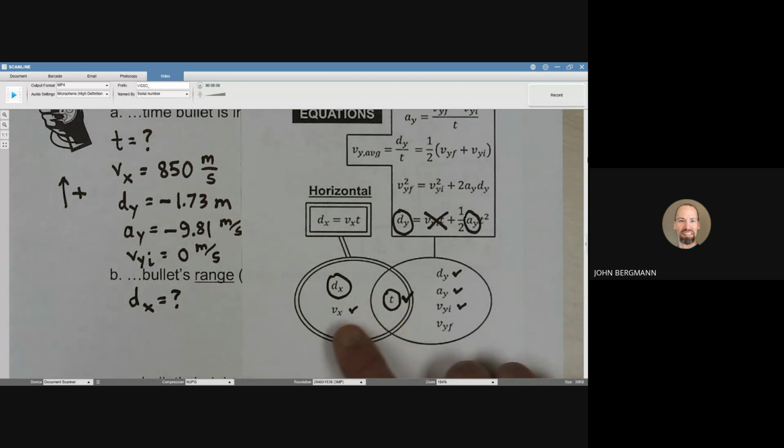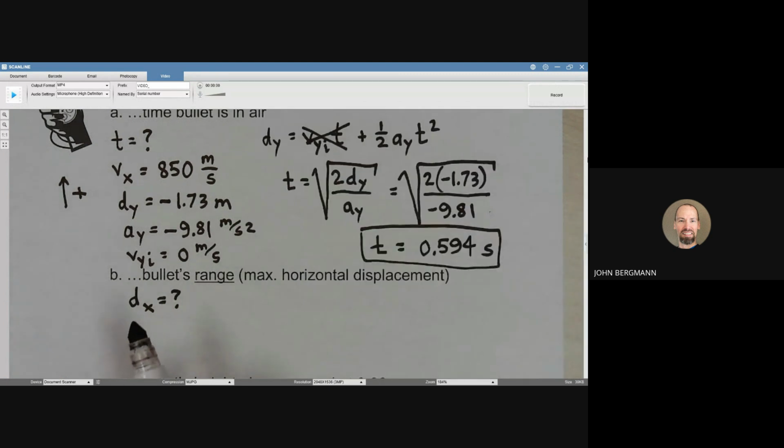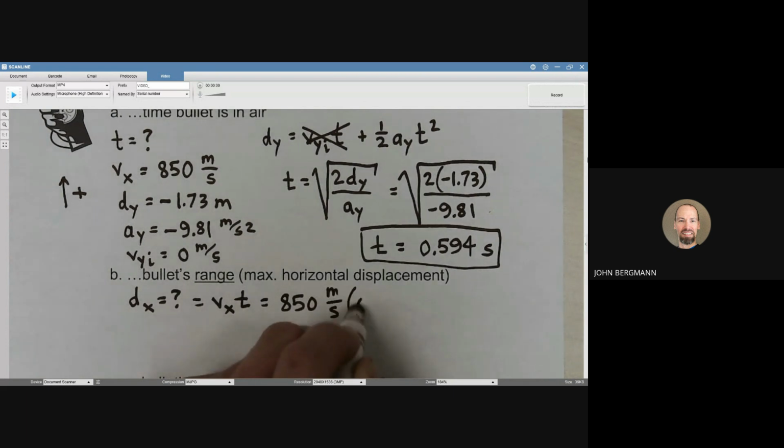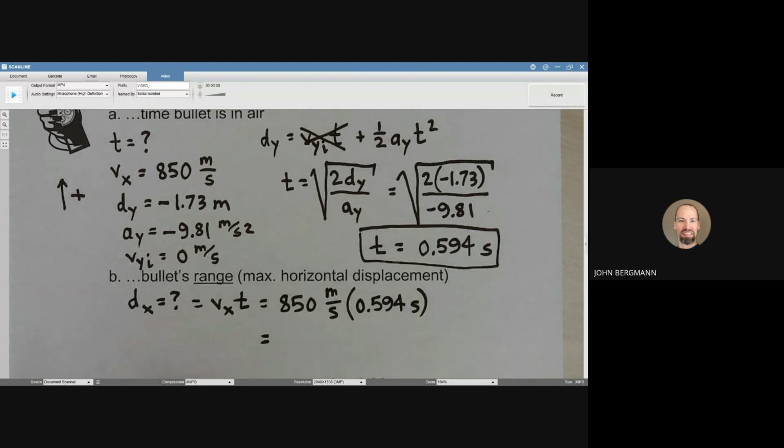So I think we're just going to take Vx times time. 850 meters per second times 0.594. I'll go ahead and write the units in this time just to prove to you that things are consistent. Those second units cancel. Now, if you type this in, you get an answer something like this.